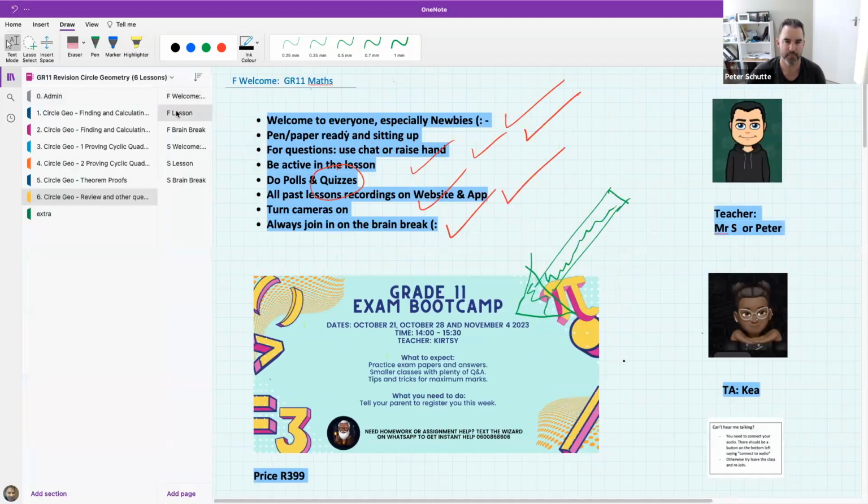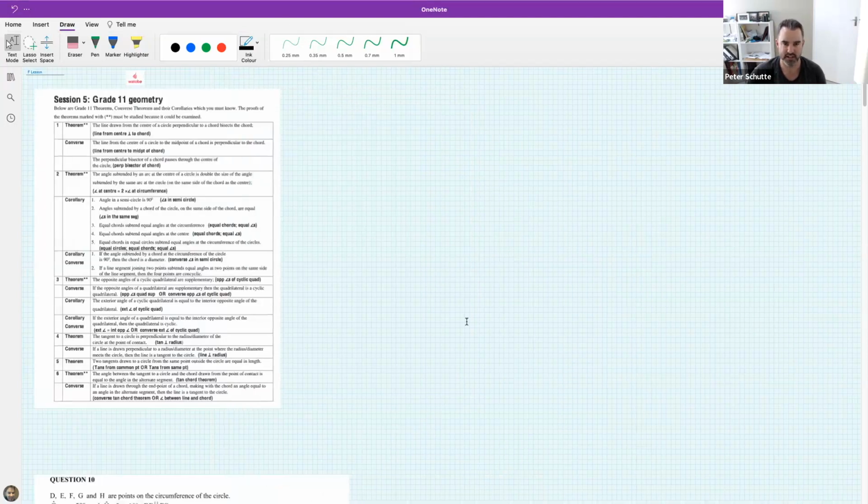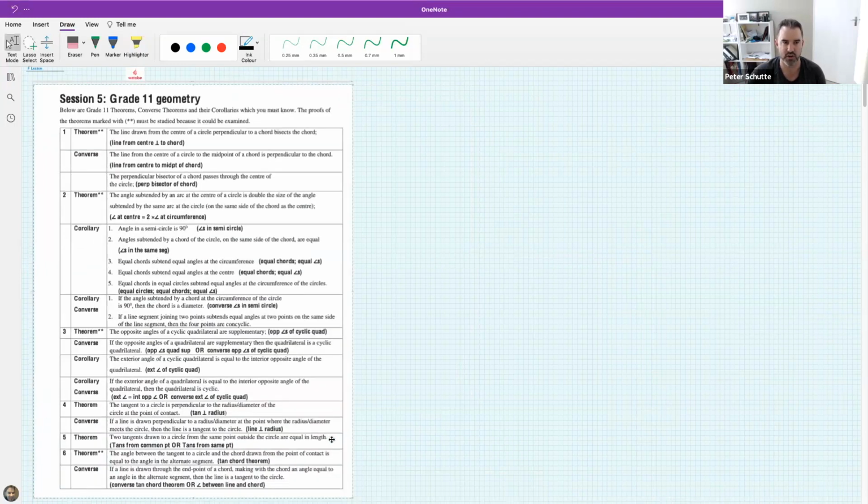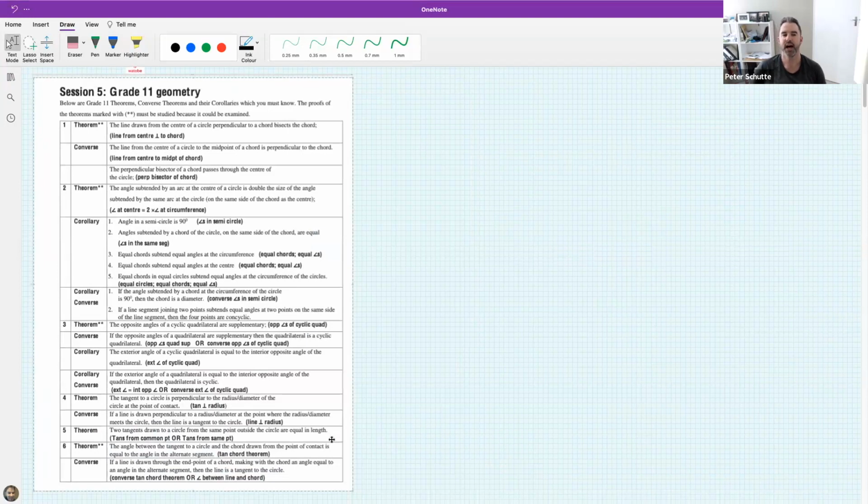Okay, let's get going. So as we come to this lesson, I thought it would be useful to put up all the content that you need to be aware of for this topic. Now, obviously, it's hard to remember every single thing, but if you look at the topics, these are the theorems and the converses, and you have to have a working knowledge of these theorems.